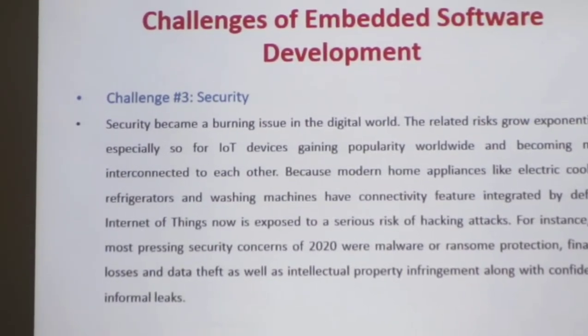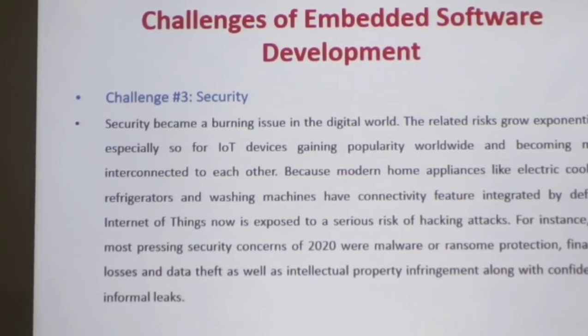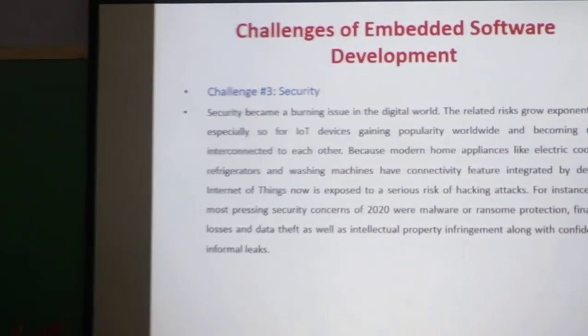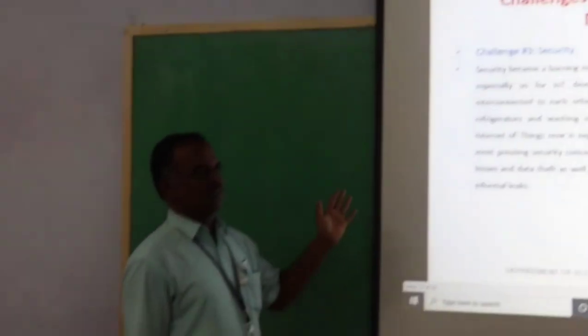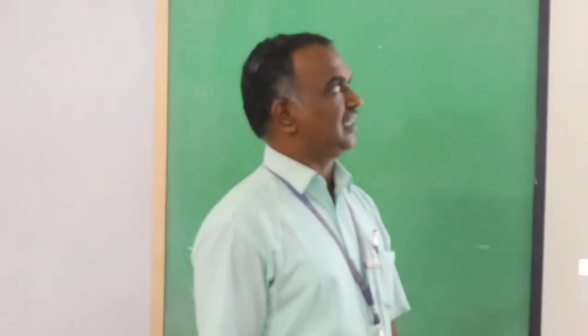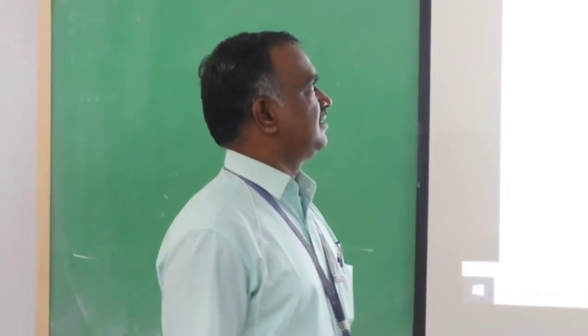If things are connected through the internet, then there may be a chance of hacking of the devices. So you have to consider security also. That is the third constraint, the third challenge in embedded system development.